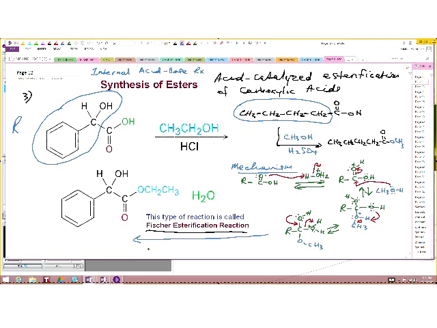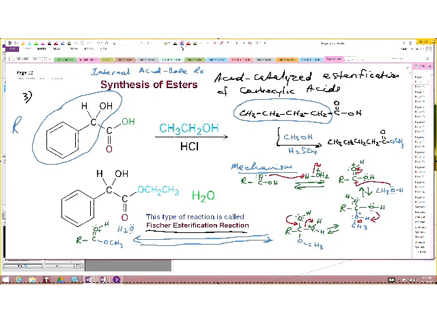Let me use this space right here. So now we have this, positively charged, and now we have this water here, the water that we released right here.